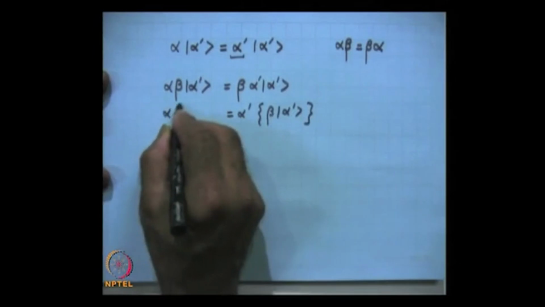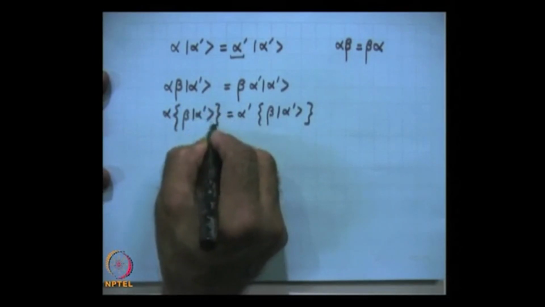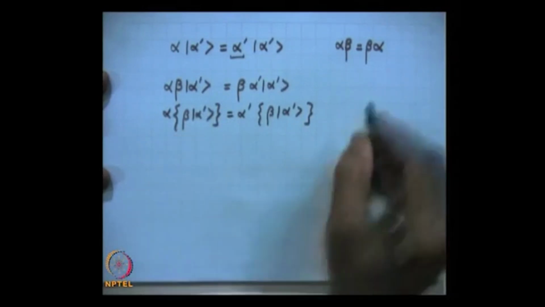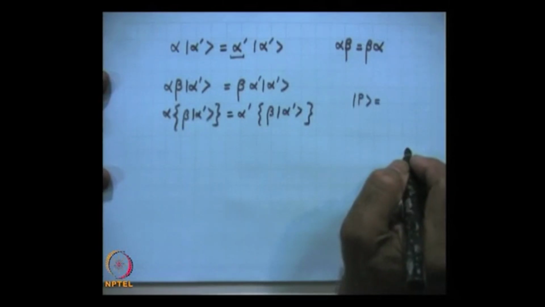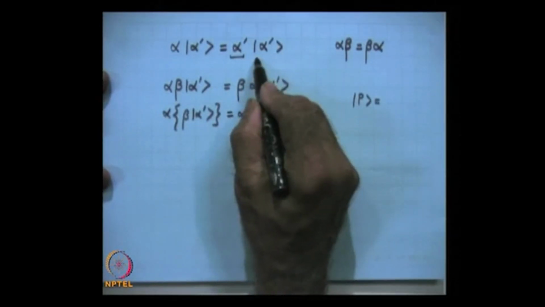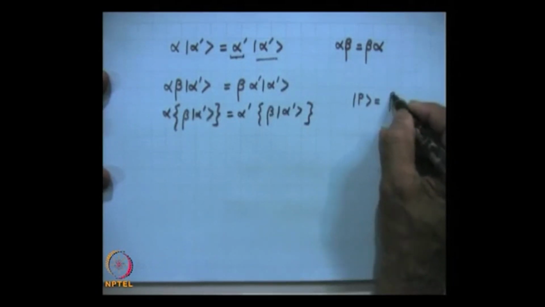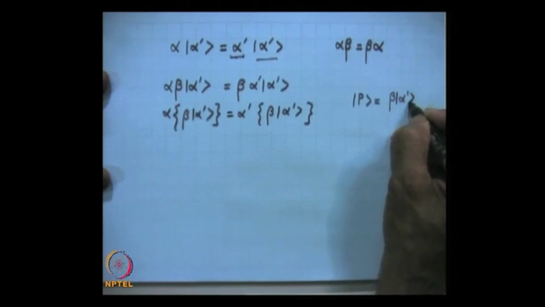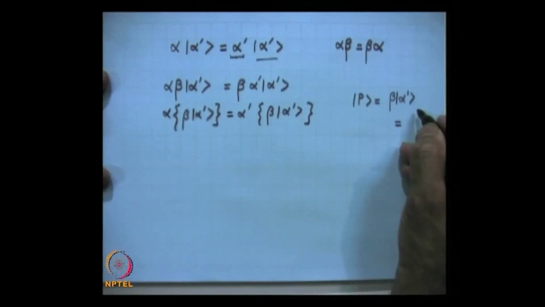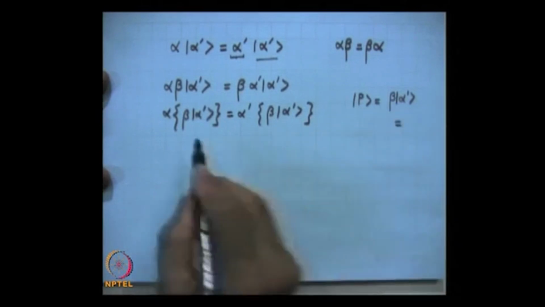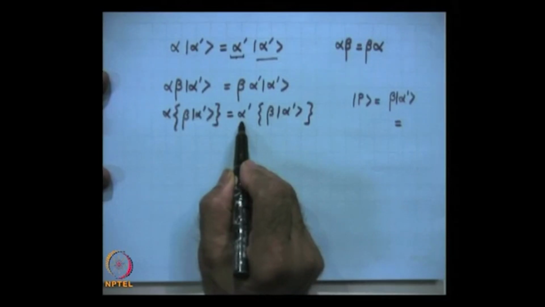So, then we said that the ket p given by beta ket alpha prime, if this is a non-degenerate eigenvalue, must be a multiple of ket alpha prime, because this is an eigenket of the operator alpha belonging to the same eigenvalue alpha prime.